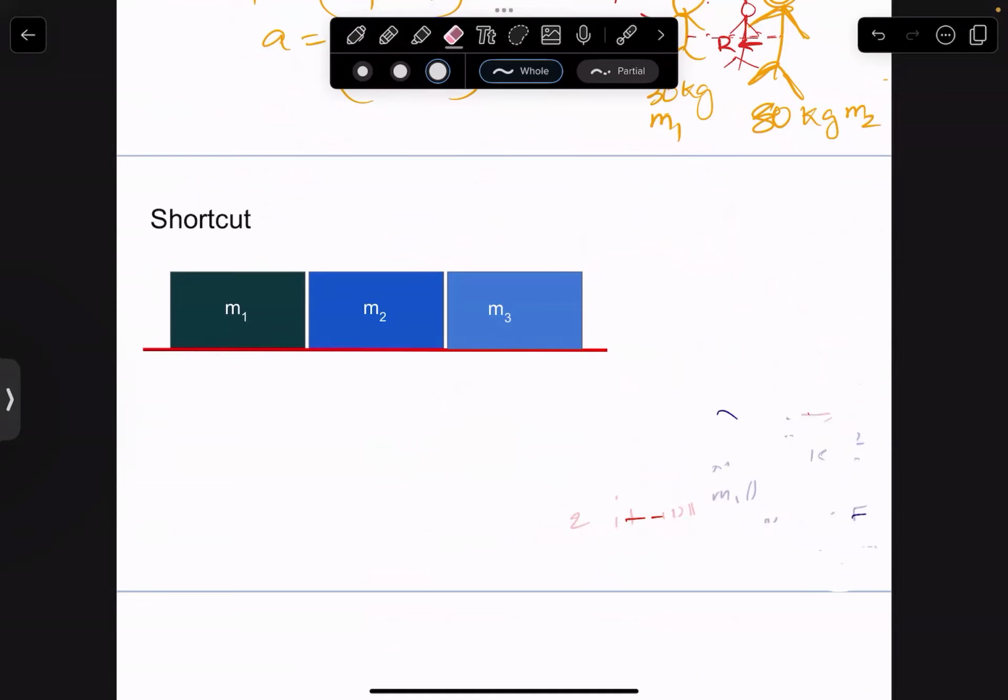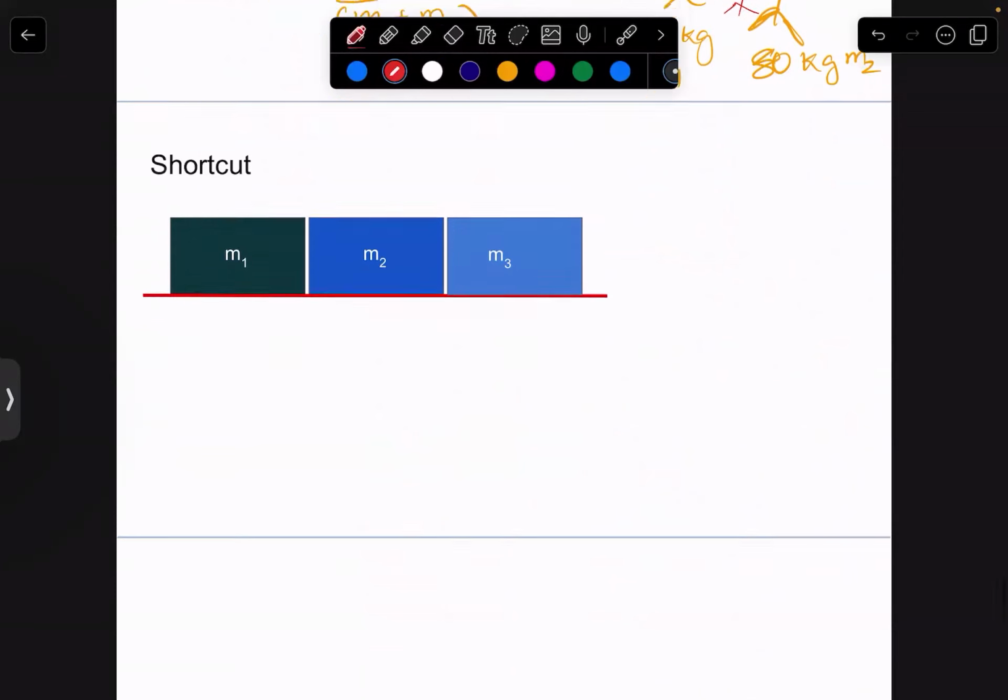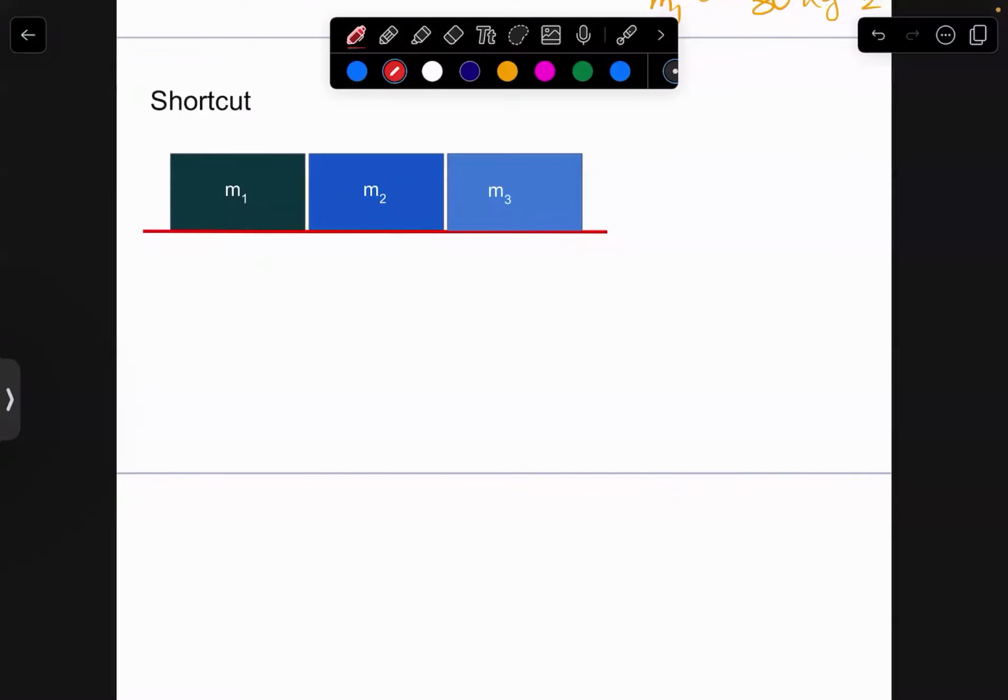Okay. So another shortcut is for the 3-block problem also, we can try to apply this shortcut over here. So what is going to happen? Here again you have seen there is this reaction force R1 acting between M1 and M2, and R2 acting between M2 and M3.